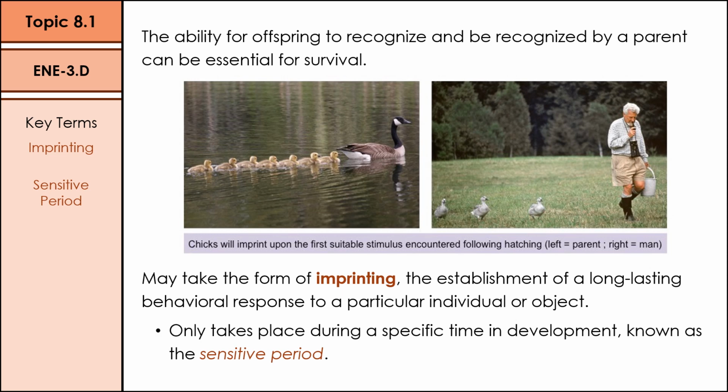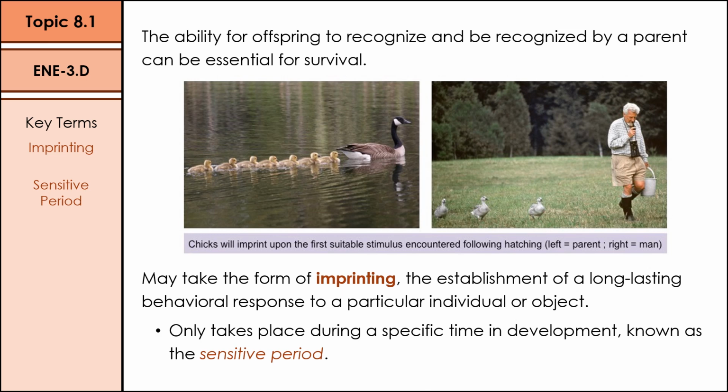Imprinting is a key idea that juveniles, babies, should be able to recognize their parent, because being able to be recognized by your parent or being able to recognize your parent means that we have this protective environment.